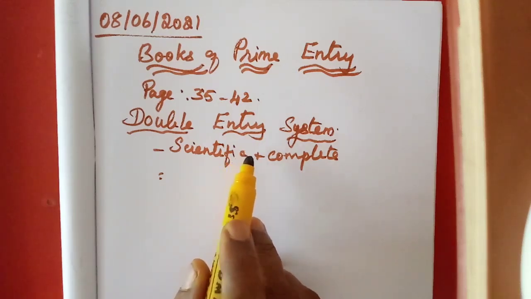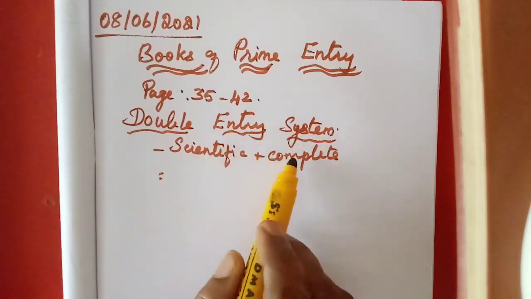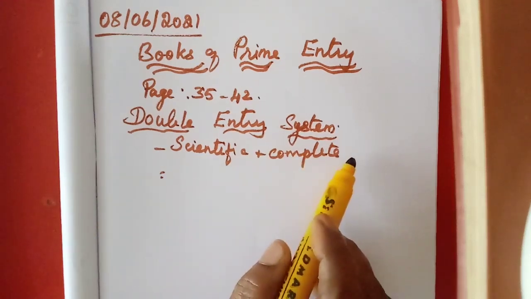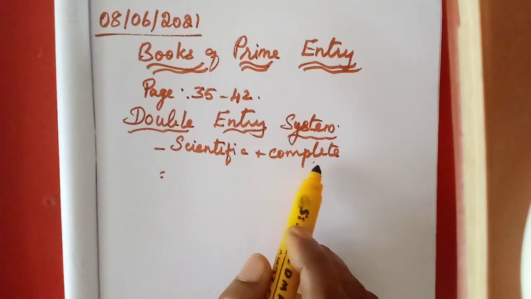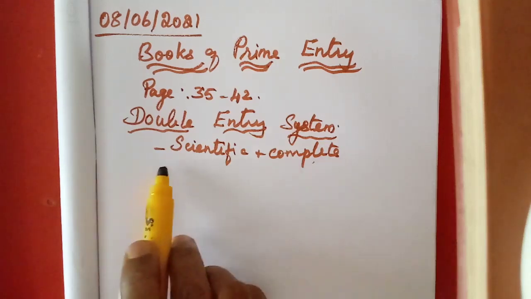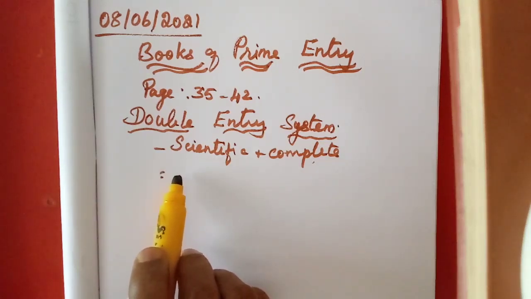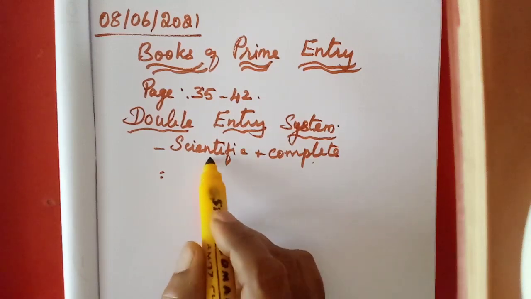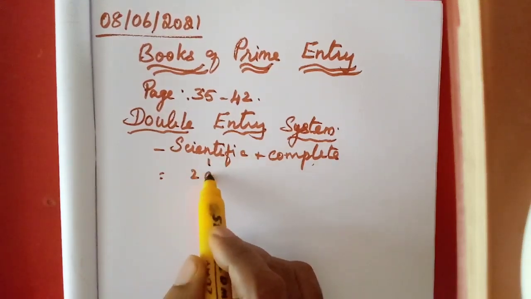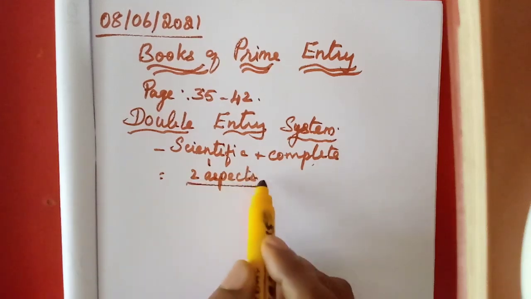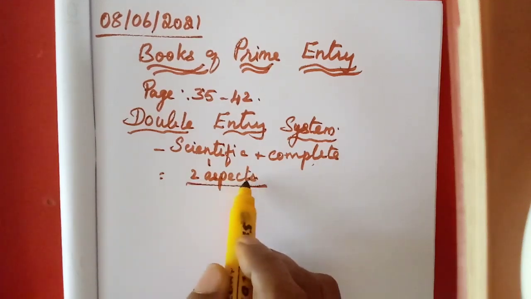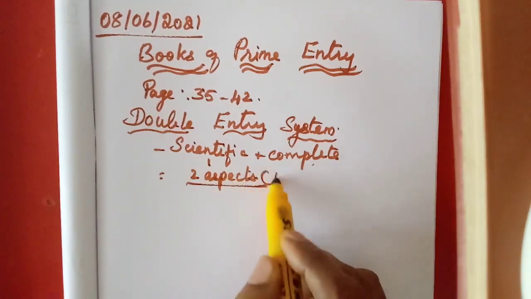So we can say it is a scientific and complete system of recording business transactions or financial transactions in the books of accounts. Why? Because it has minimum two aspects of each transaction. More than two aspects, or two accounts also, we can say.